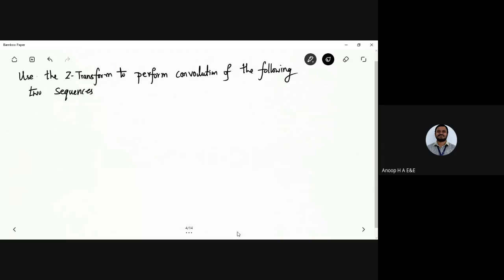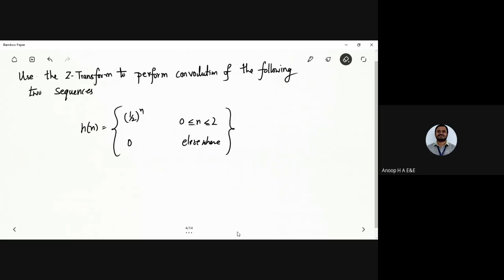Let me be precise. The following two sequences. That is x of n, that would be equal to 1 by 2 power n for 0 to 2, and 0 elsewhere. Fine. So this is the sequence of x of n. Now h of n would be delta n plus delta n minus 1 plus 4 times delta n minus 2.